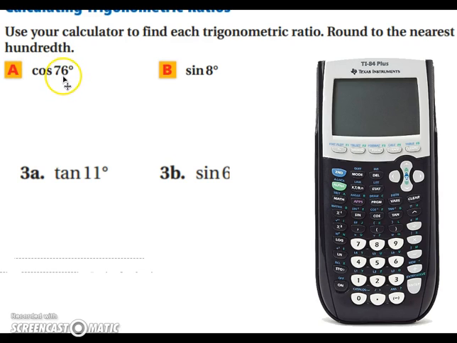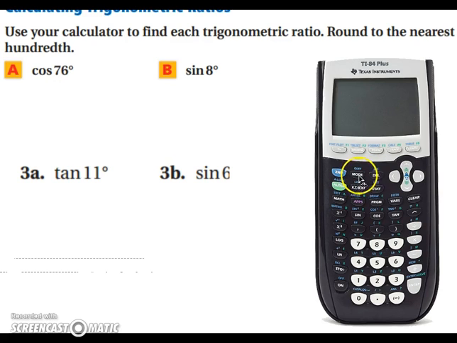The first thing you want to do is make sure you're in the right mode. There are two different modes that can be used for trigonometry. One's called radian and the other degree. So if you go to mode on your calculator, you'll see a pull down screen where you've got normal, sci, English, then you've got float, and then right below that you've got radian and degree.